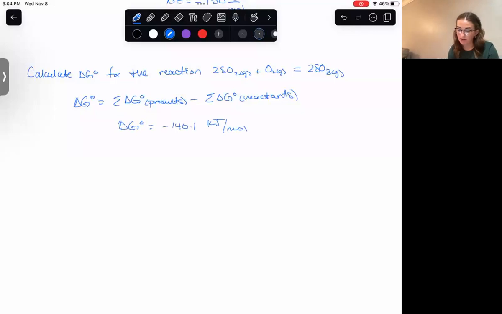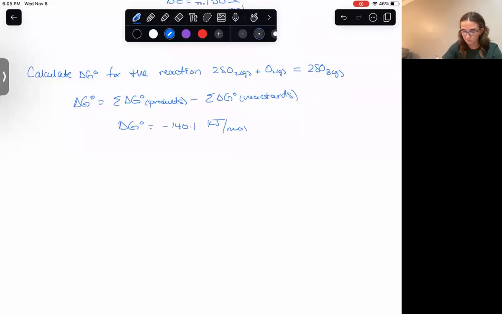You would have to multiply 2 times the value of SO3, you still have to do that, and then the 2 times the value of SO2. Is delta G here spontaneous or non-spontaneous? Yep, this would be spontaneous.